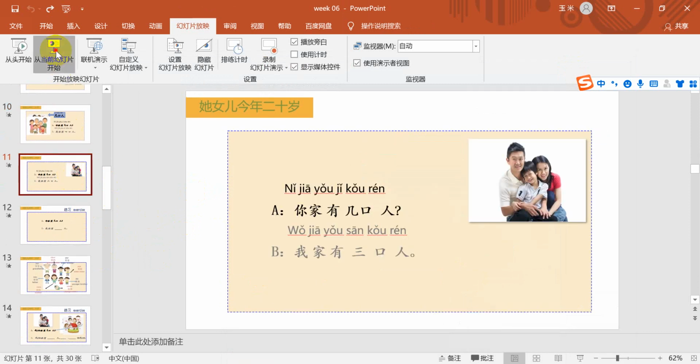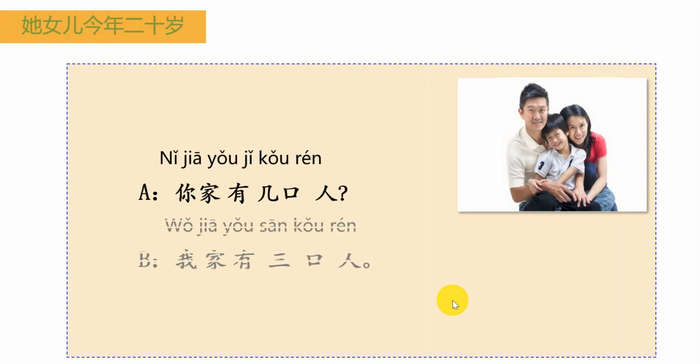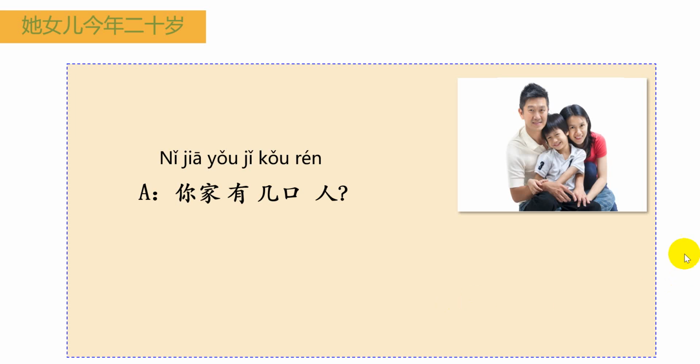Now let's go back to the text. If you want to know how many people are in your family, how do we say it? How many people are there in your family? 你家有几口人? Good. For this picture, how many? 几口? 三口人.